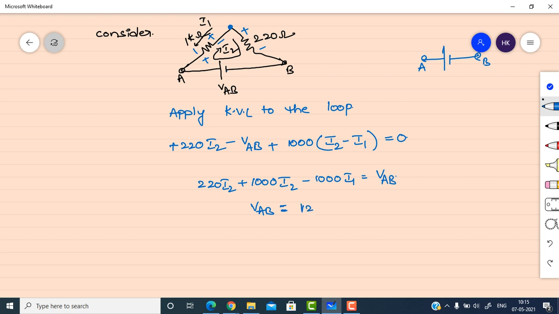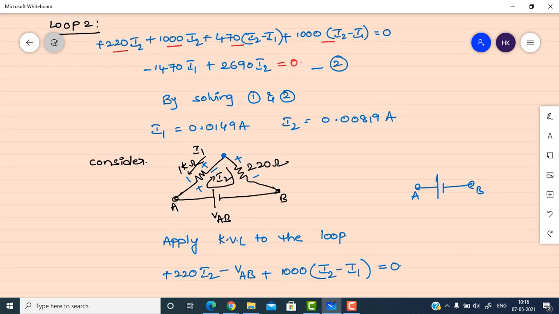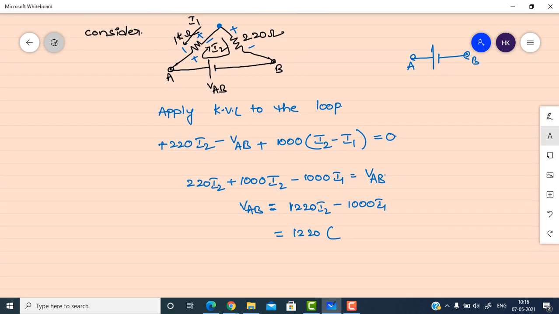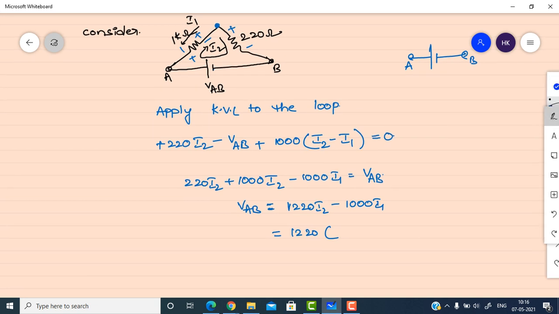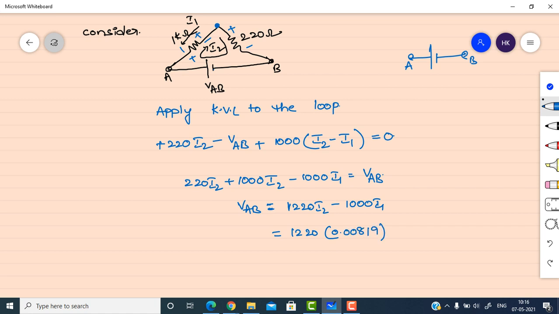This is 1220 I2 minus 1000 I1. What is the I2 value? 0.00819. Minus 1000 into I1.